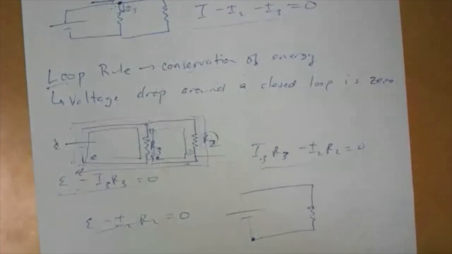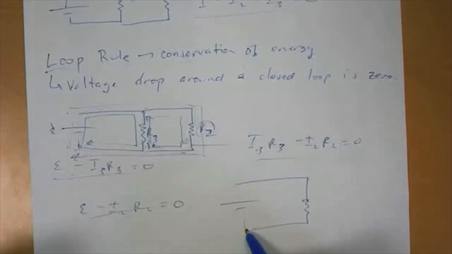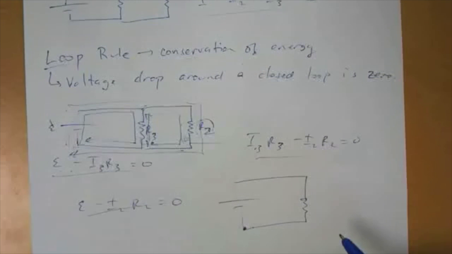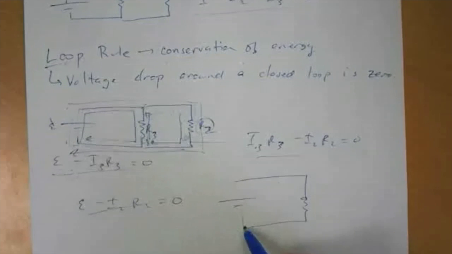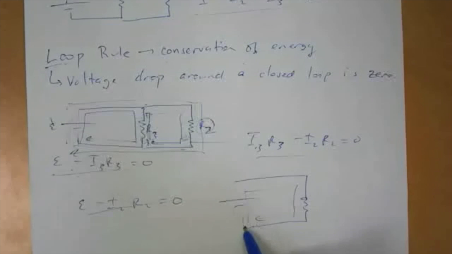So if the potential difference at this point wasn't equal to the potential difference at this point, then as you go around the loop, you'd either be continuously gaining energy or continuously losing energy, either of which would violate the conservation of energy. So even if I go around a loop, the potential at this point has to be the same as the potential at this point still.